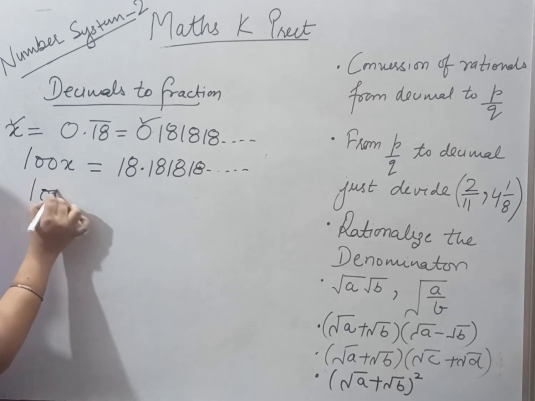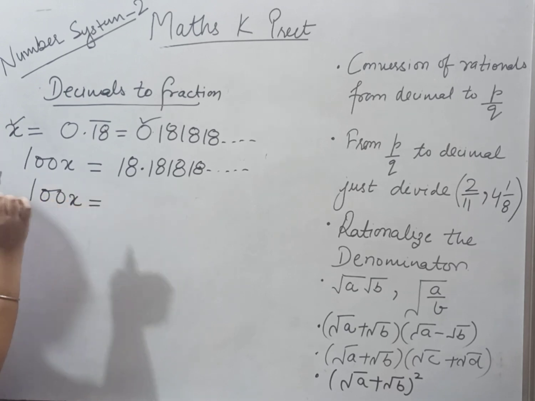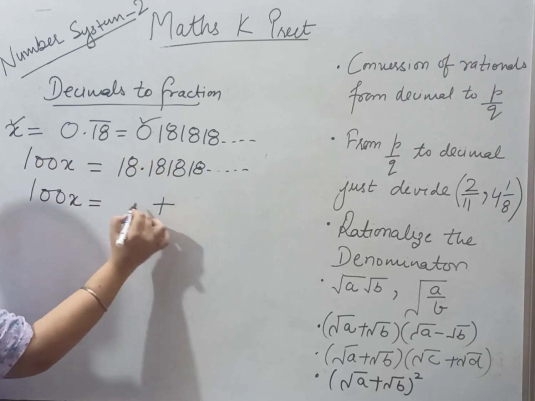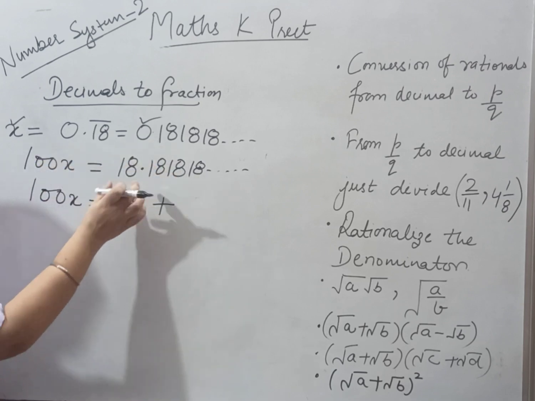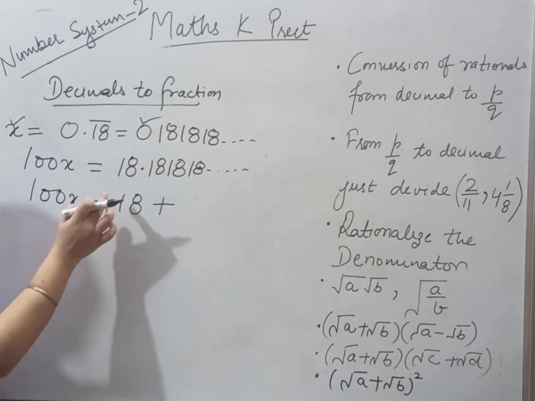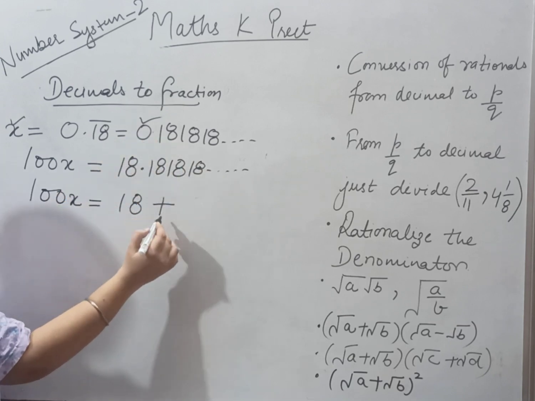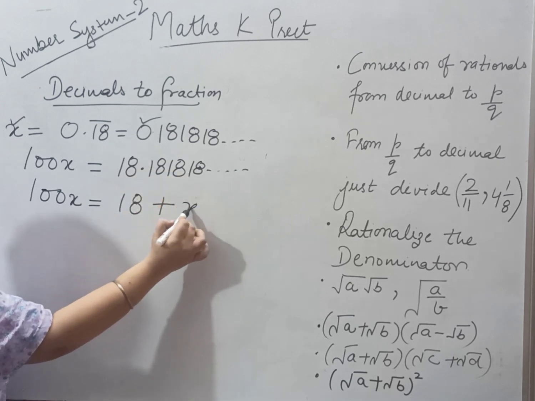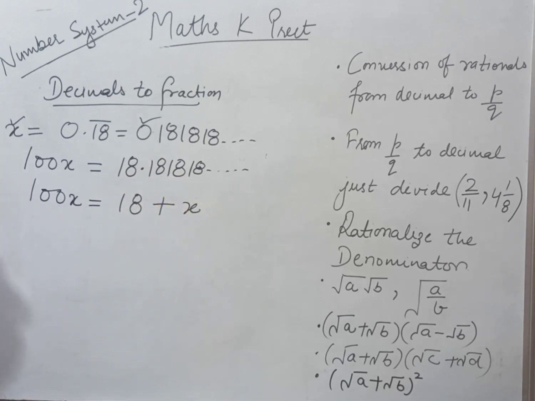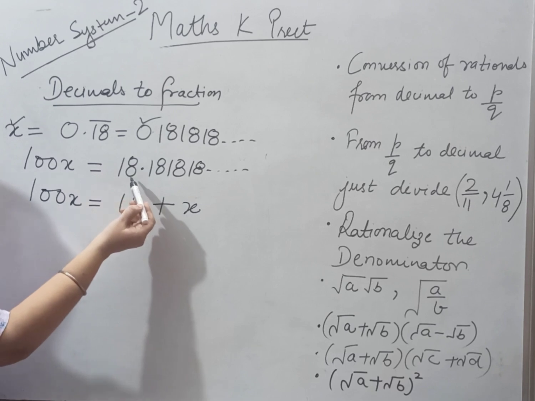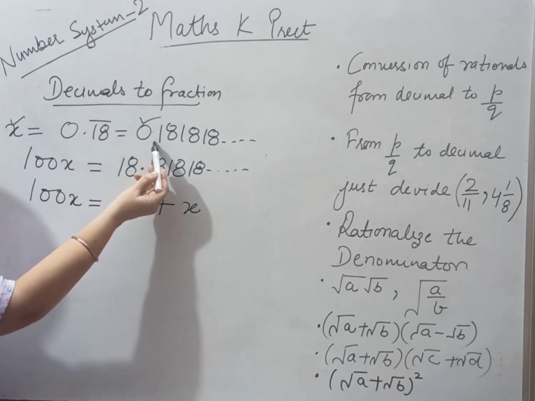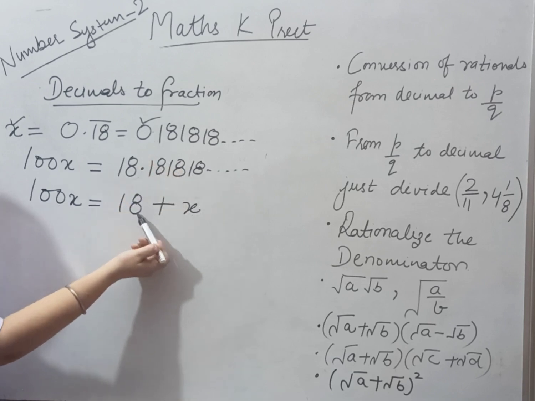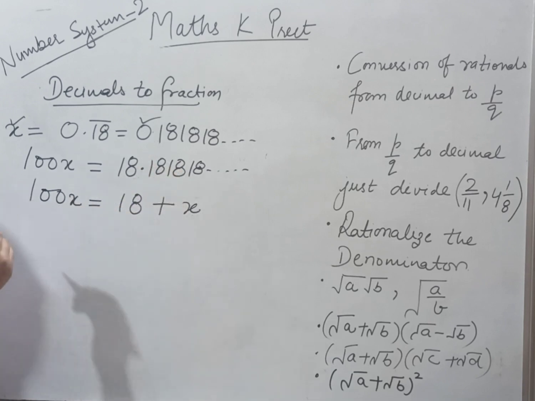Here we will break the number. From this number we will subtract x. So this number minus the value of x is 18. So 100x is 18 plus x always. Here we get x after subtracting, and the result of the subtraction will be written here.